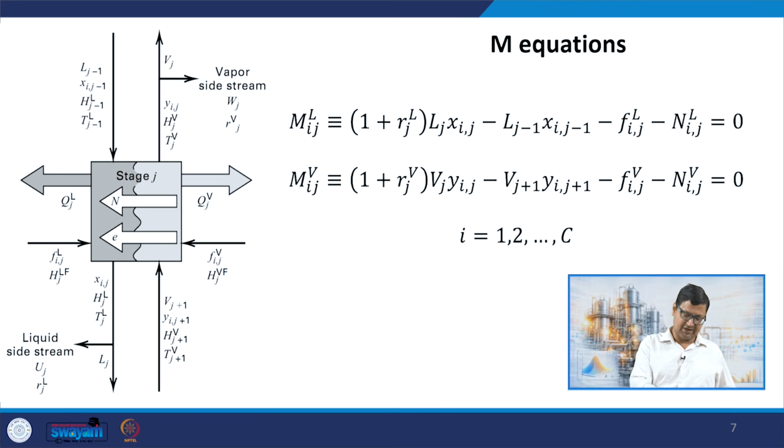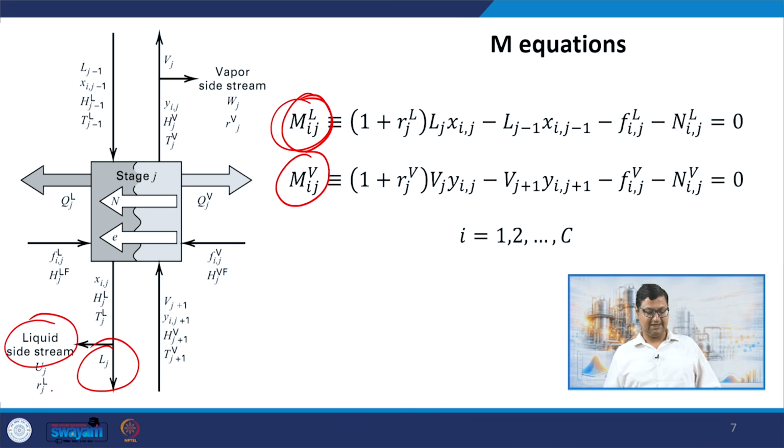So, again for a stage j, now we have a material balance for the liquid phase and a material balance for the vapor phase. Let us look at what is leaving the liquid. What leaves the liquid in stage j is my liquid side stream Uj and the main stream Lj, that is Lj plus Uj.